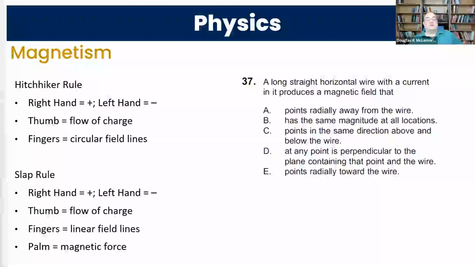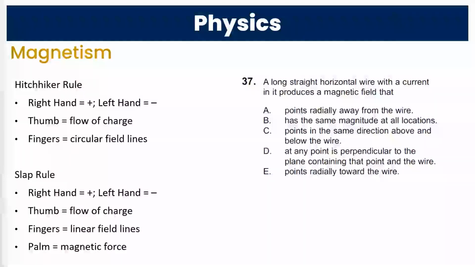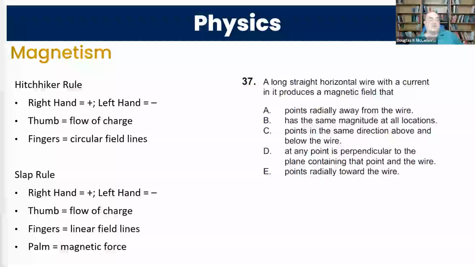So first question: a long straight horizontal wire with current in it produces a magnetic field. Am I being asked a hitchhiker rule question or a slap rule question? Are they asking me for a force or a field?